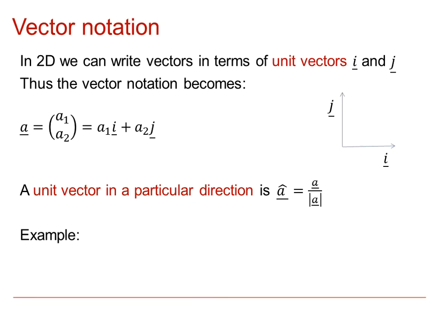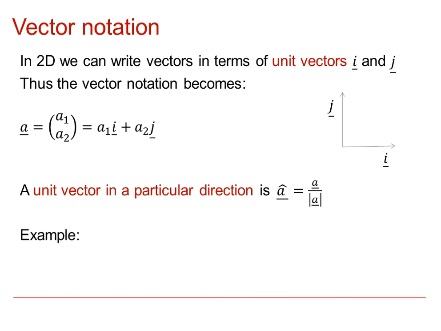Thus the vector A equals (A1, A2), is A1 in the i direction and A2 in the j direction. A unit vector in a particular direction is called A hat, and this is equal to the vector A divided by the magnitude of A.